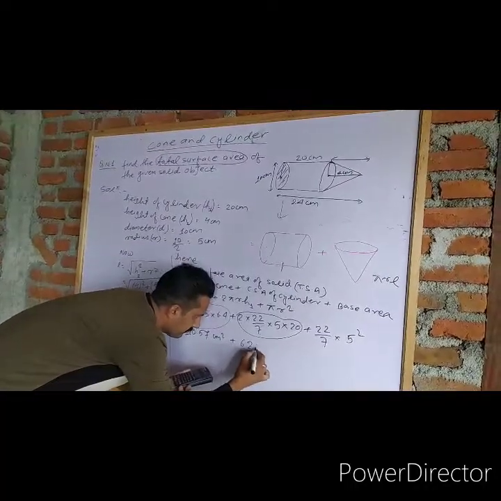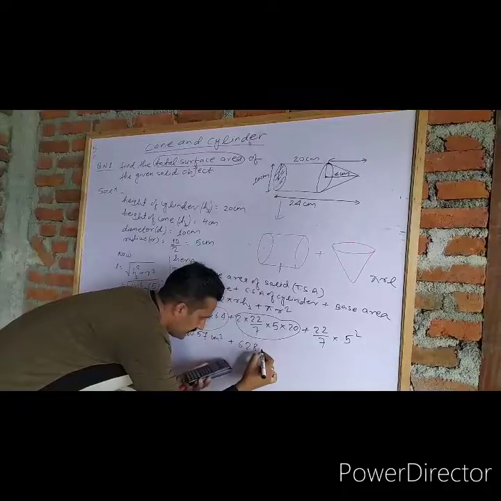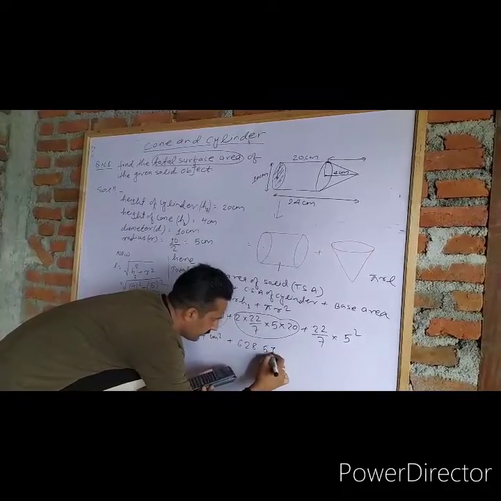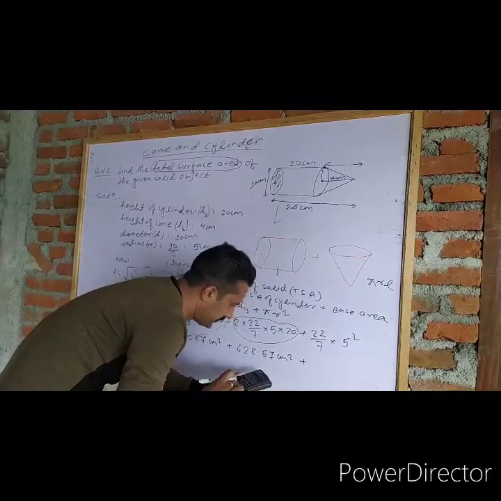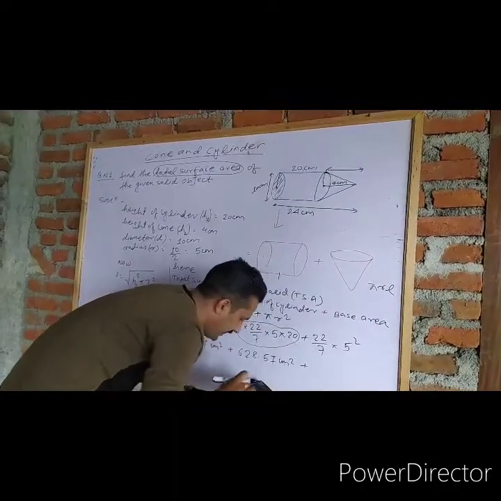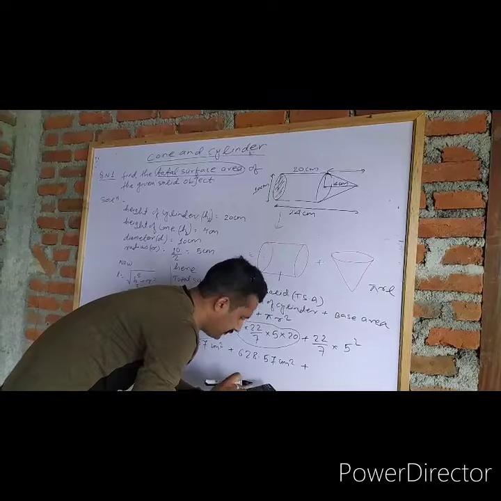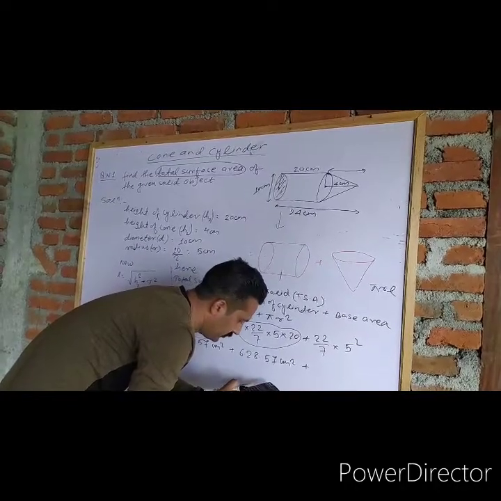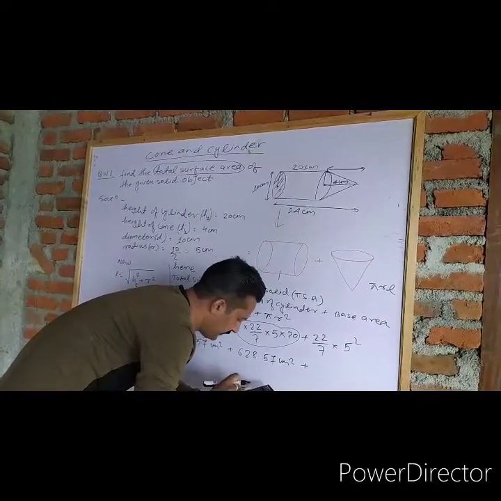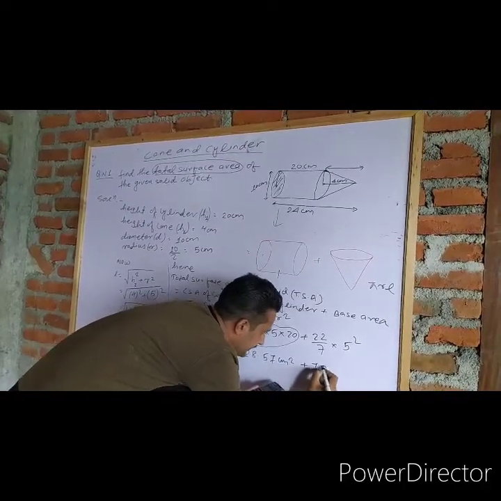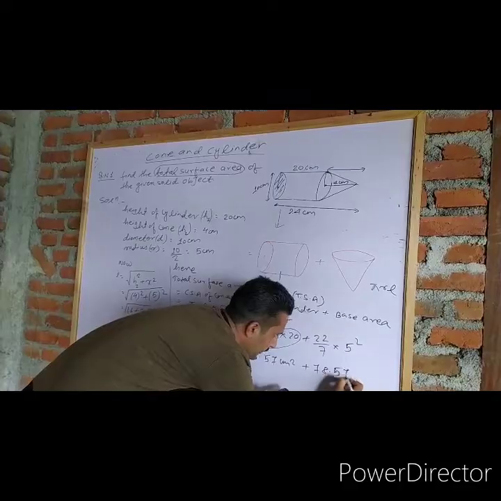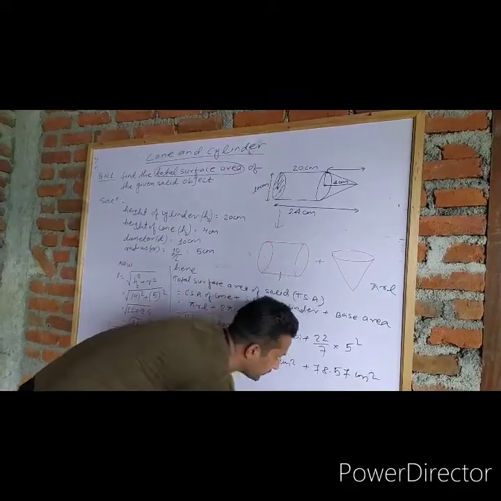Now value is 628.57 centimeter square, plus last one here, 5 square is 25, 25 into 22 divided by 7, value is 78.57 centimeter square.